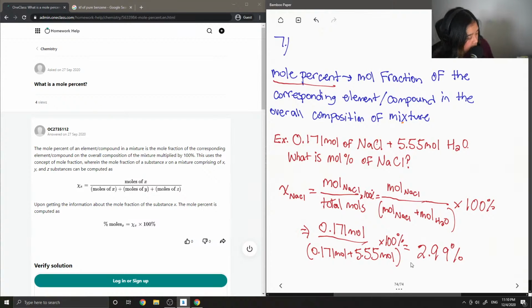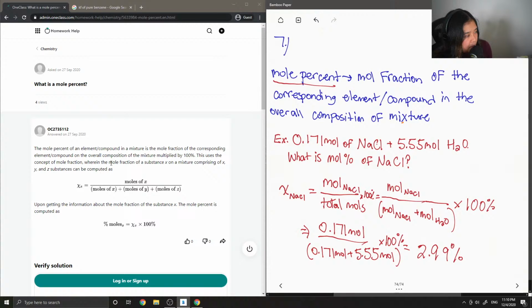Okay, so let's see what the junior tutor said. The mole percent of an element or compound in a mixture is the mole fraction of the corresponding element or compound in the overall composition of the mixture multiplied by 100.